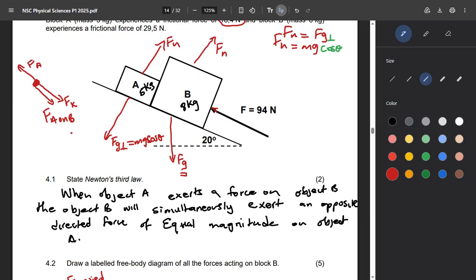Are these the only horizontal forces? What do you think? Just think about it. Think about that one component force that is acting here on B.